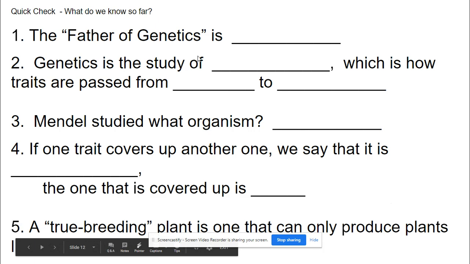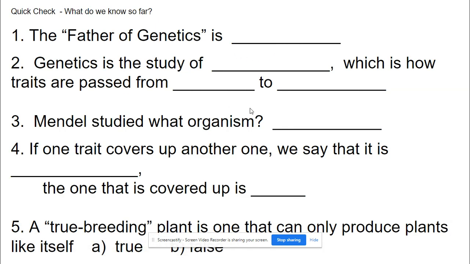So just a quick check. What do we know so far? So you may want to pause yourself. This is where you may want to put some things down in your notes. So the father of genetics is Gregor Mendel. Genetics is the study of heredity, which is how traits are passed from generation to generation. Mendel studied what organism?